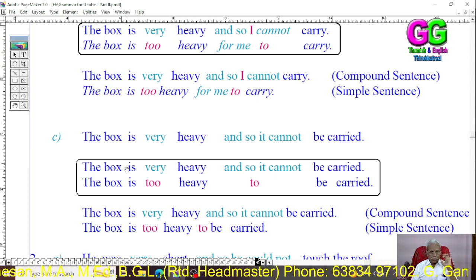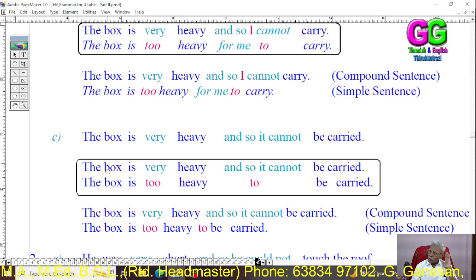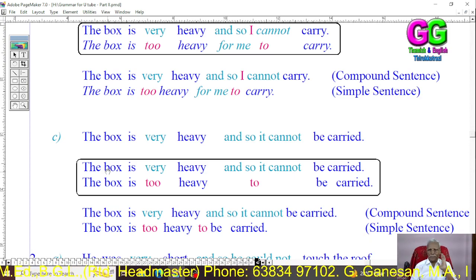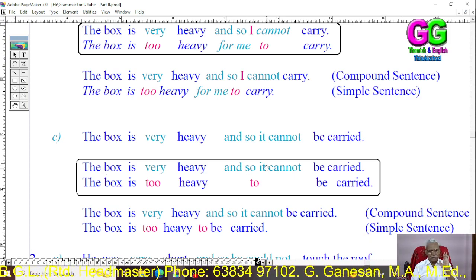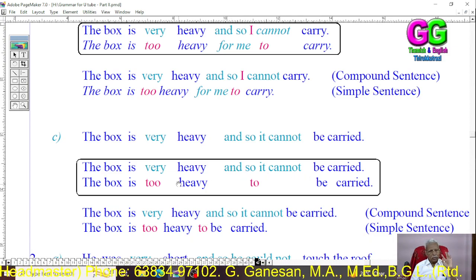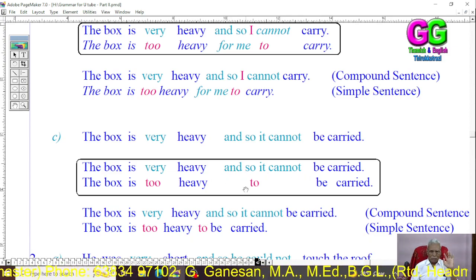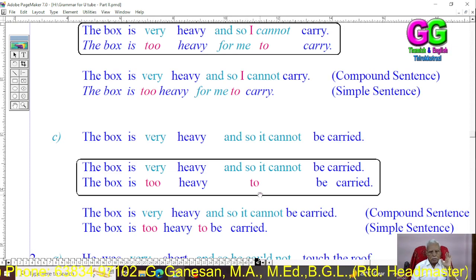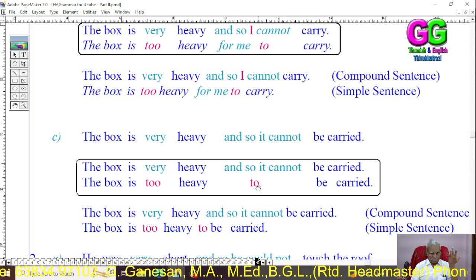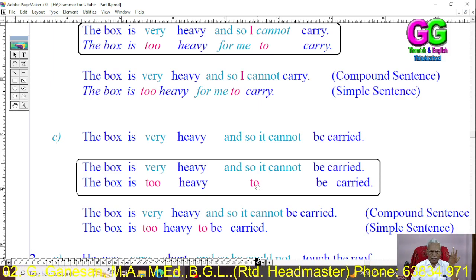This "it" refers to the box. So the subject in both the clauses is the same, so here we have dropped it. "And so it cannot", four words, have been replaced by the conjunction "to". The box is very heavy and so it cannot be carried. The box is too heavy to be carried.